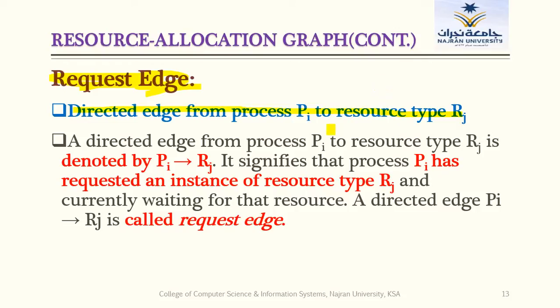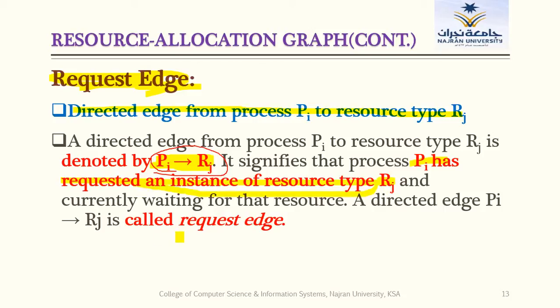Here we use Pi to resource type Rj, a directed edge, Pi then direction then Rj. This is a directed edge from process to resource. So it means that Pi has requested an instance of resource type Rj.